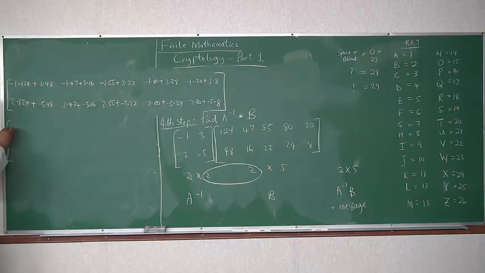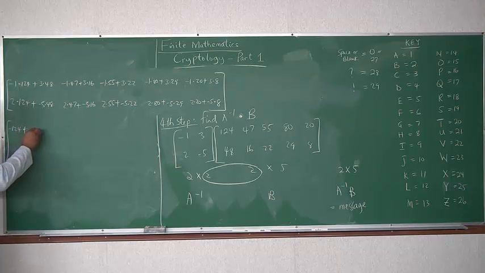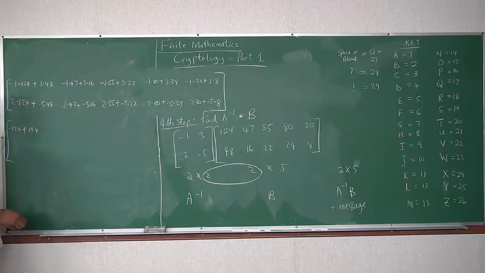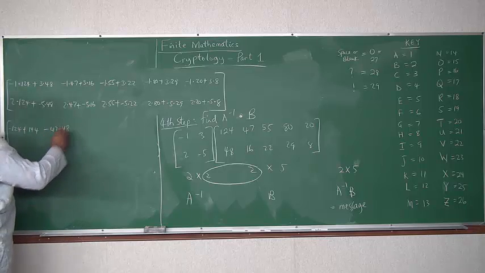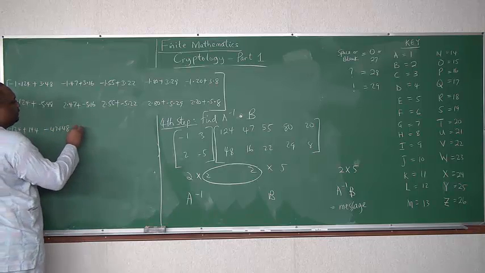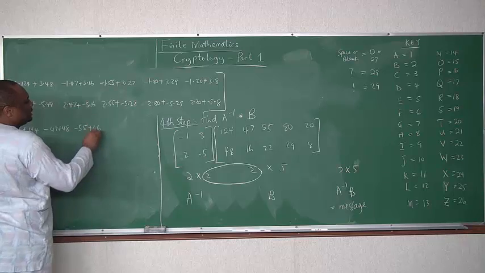Negative 1 times 124 is negative 124 plus 3 times 48 is 144. Then this is negative 47 plus 48. This is negative 55 plus 66.